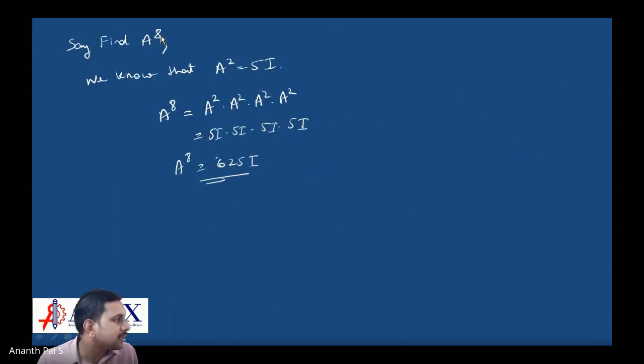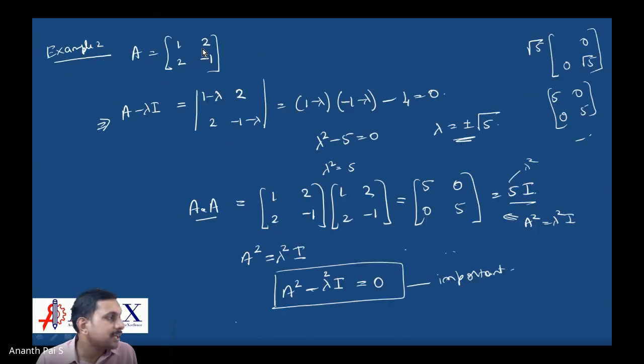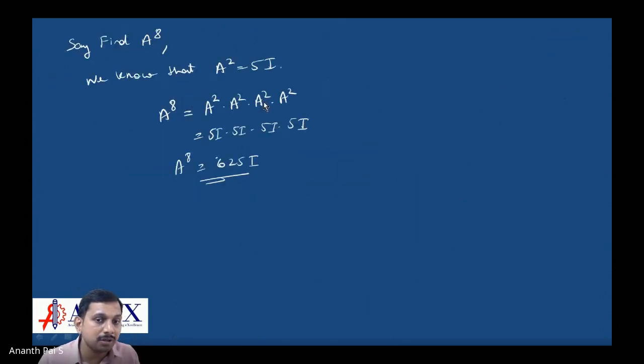See, there is an equation. Find A power 8. A square is equal to 5I. How did I get that? For this particular matrix only, not for other matrices. Every matrix's characteristic equation is different. So you have to find the characteristic equation, and using that you can find what is A power 8. These kinds of questions will come in GATE.